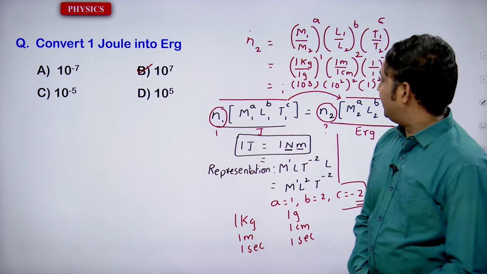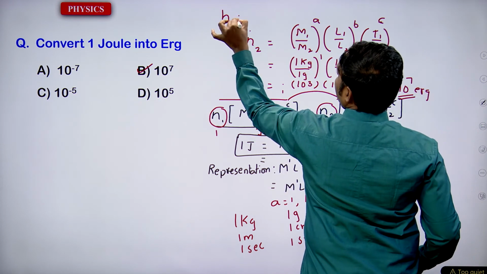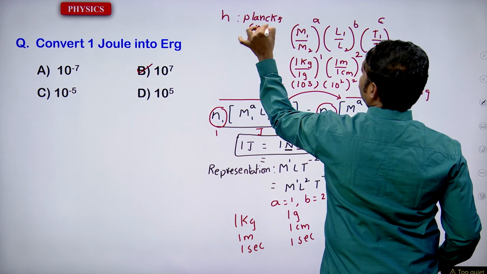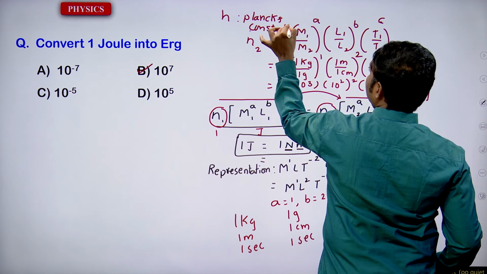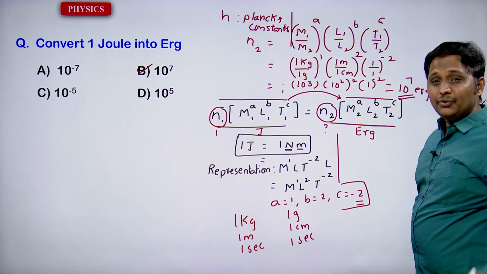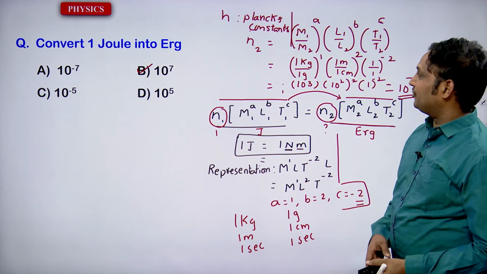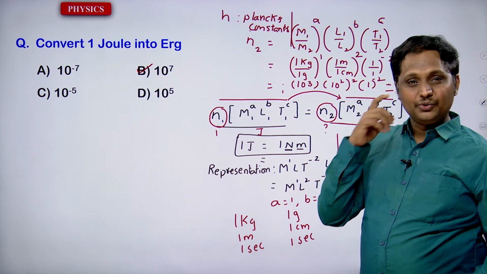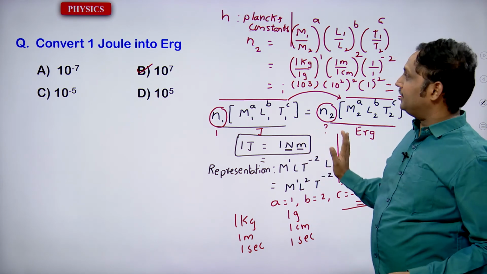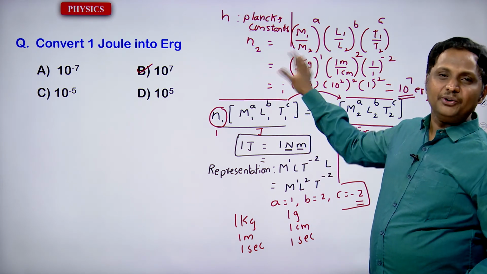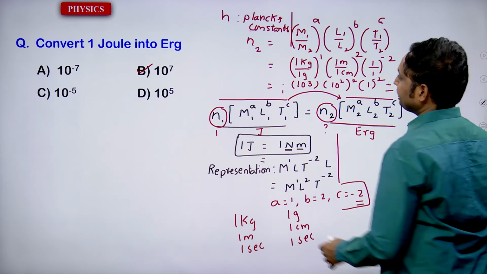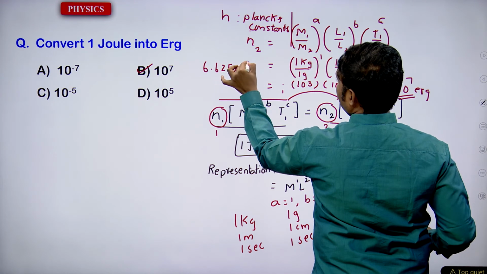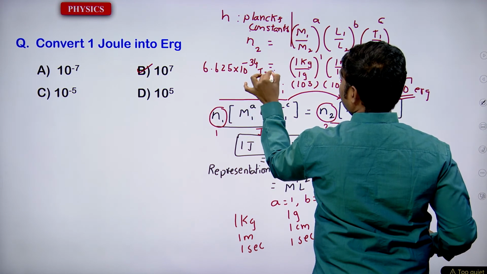You have taken that h is the Planck's constant, which represents the energy, it is very clear. Now, the Planck's constant value is 6.625 into 10 to the power of minus 34 joule second, it is very clear, all right. So, in terms of joules and in terms of erg, you can write it down. You will take 6.625 into 10 to the power of minus 34 joule second.